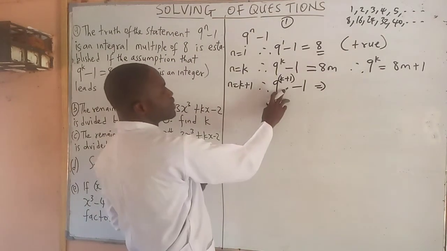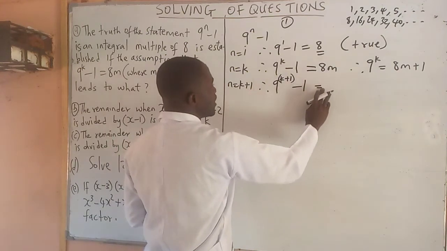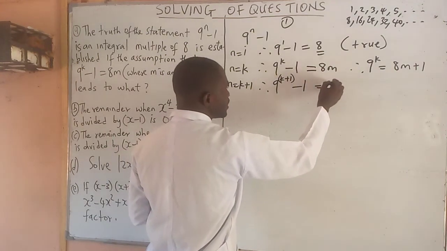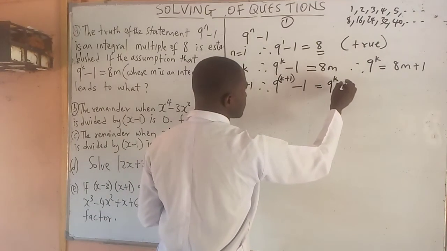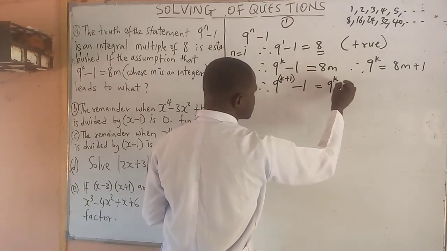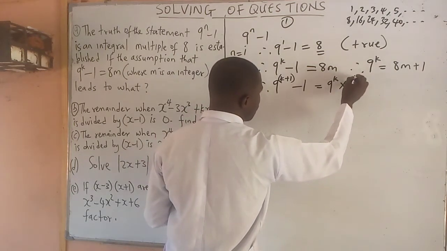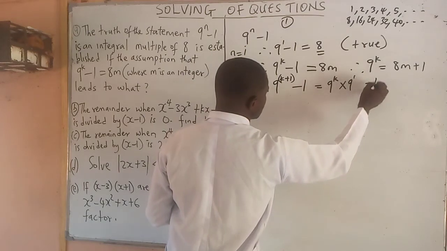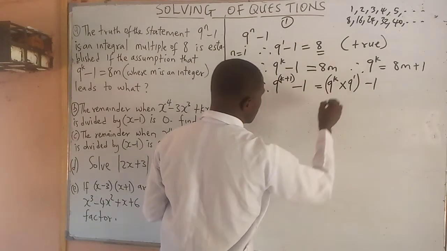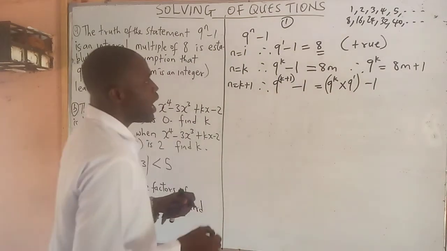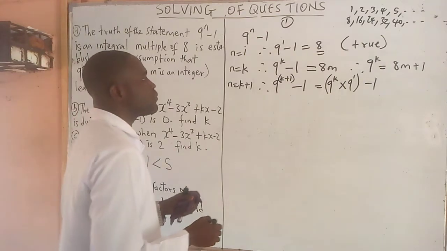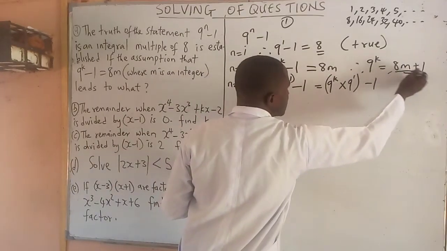Now, this statement you have here, from indices, it means 9 raised to the power of k times 9 raised to the power of 1, then minus 1. Okay? Then what is our 9 raised to the power of k? We have it to be this.